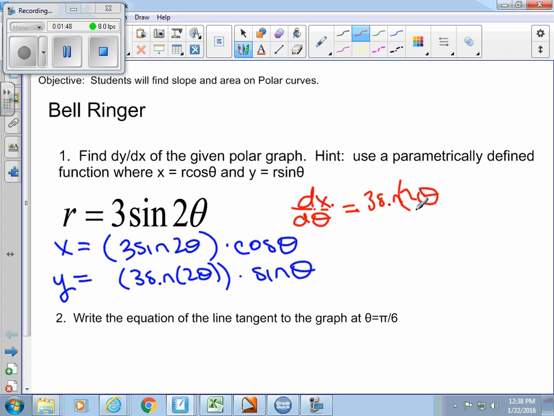What's the derivative of cosine? Plus right d left.